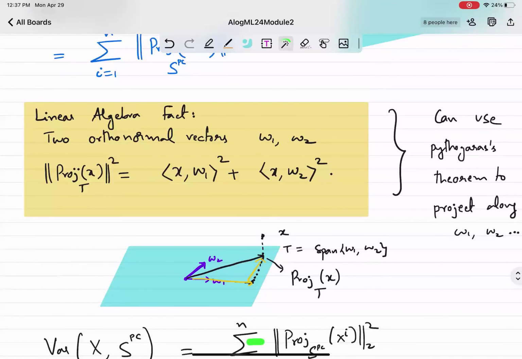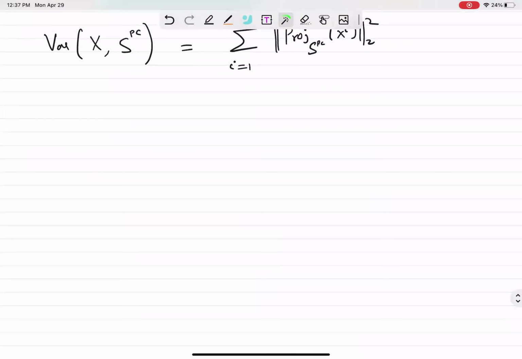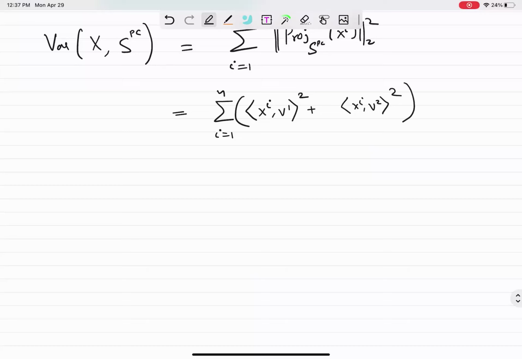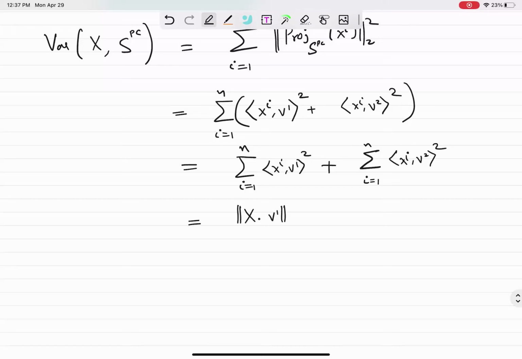The first two principal components are perpendicular, so I can use this formula to say this is exactly, okay, which I can break up as x times v1 squared plus x times v2 squared.